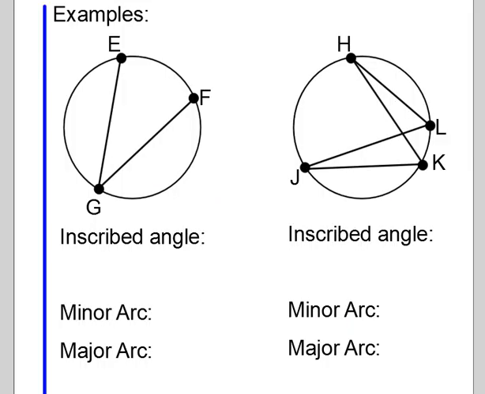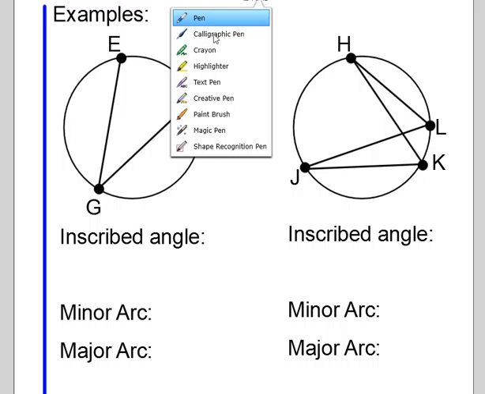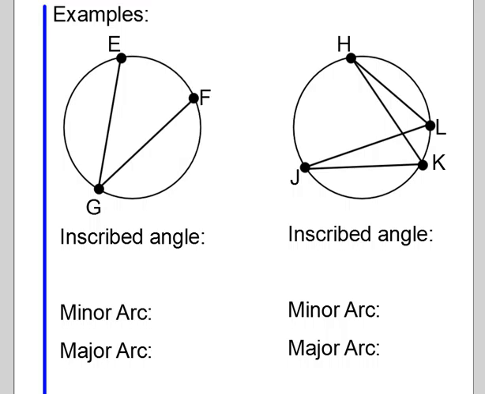Here's a couple examples so we can explore inscribed angles. Again, let's look at our problem for an inscribed angle and a minor arc, but let's also review major arc. So my minor arc would be the shortest distance from E to F, which is used to form my angle EGF.